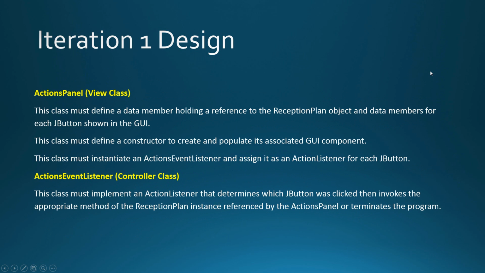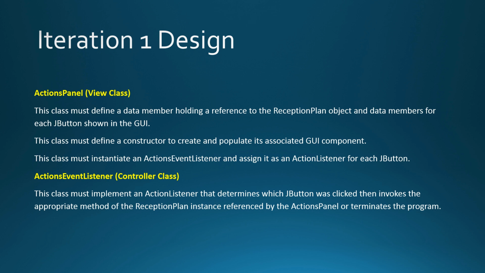For the Actions panel, which is a member of the View class, we are going to implement all of this design. So it's going to hold a reference to a reception plan object, and it's going to hold data members for each J button. There'll be 3 of them.